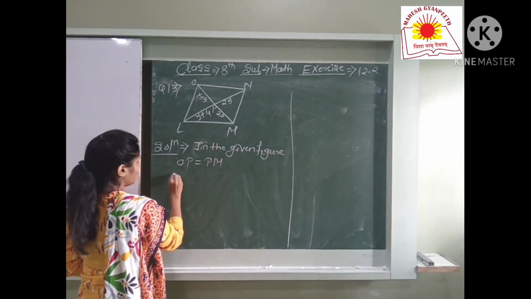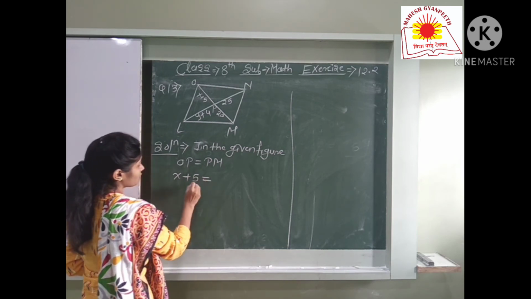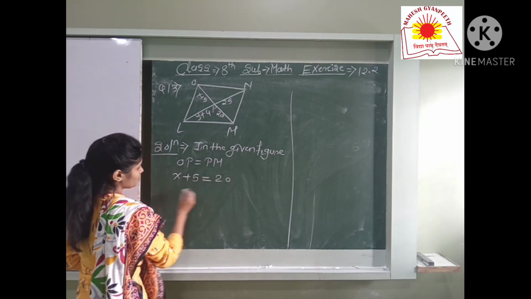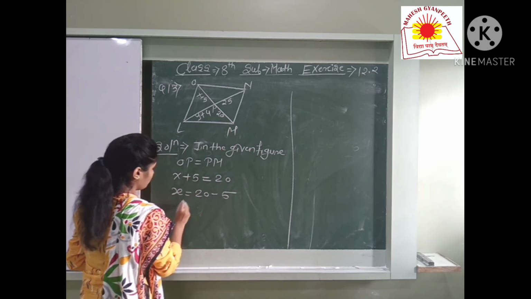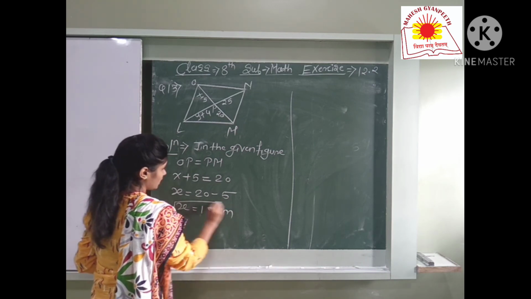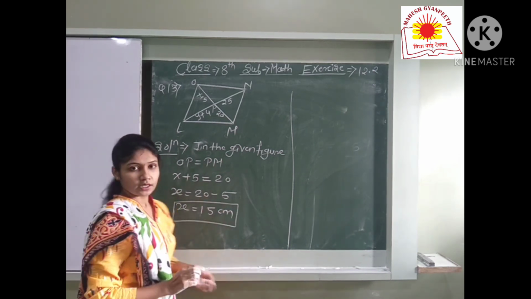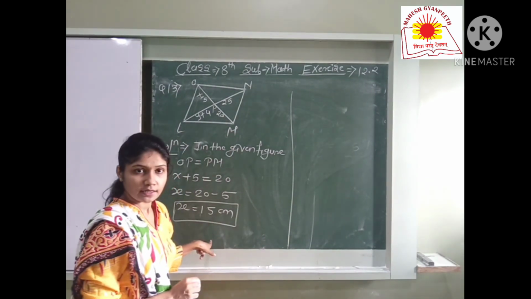What is the value of OP? x plus 5 is equal to 20. Transferring 5 to this side, x is equal to 20 minus 5, so x is 15 centimeters. The lengths are given in centimeters.